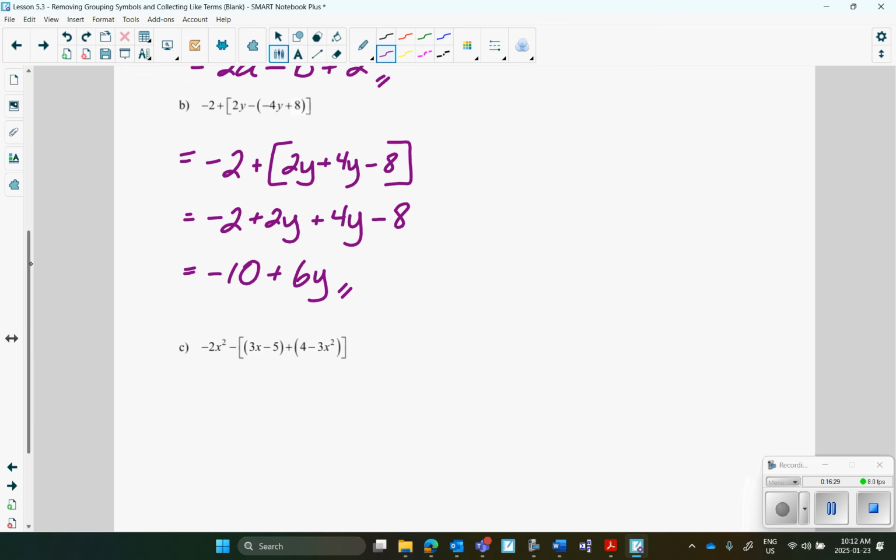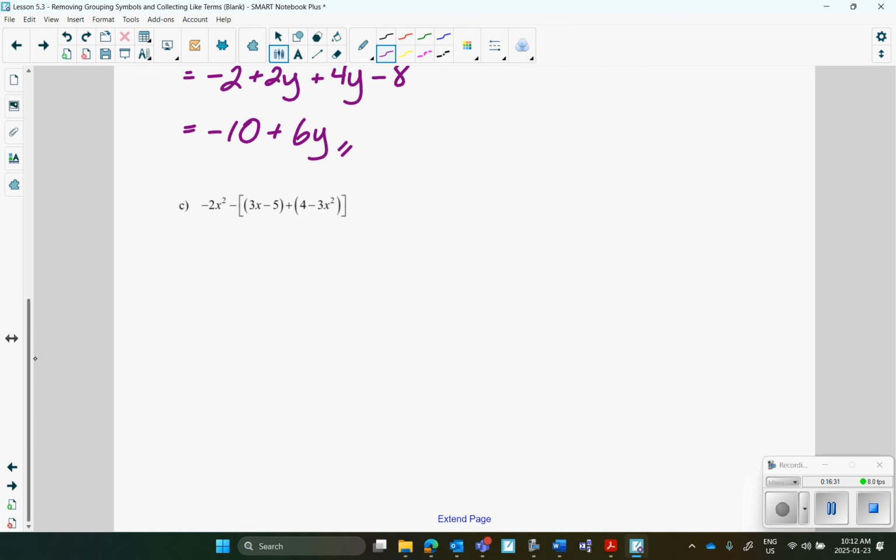The last one. Only thing I'm going to do is take out the parentheses. Now remember, this is very important when you see this. This negative is in front of the bracket. It's not in front of the parenthesis.